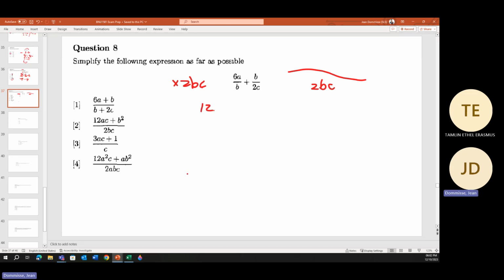It will be 12abc, plus, when we sit with 2b squared c, and that will be over, let me just see. Okay, something is not adding up here.